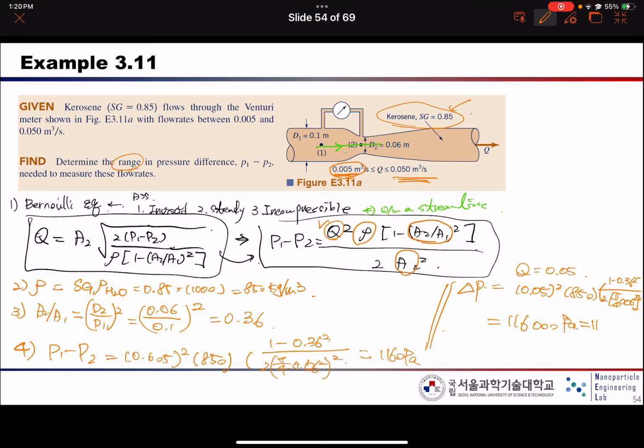Okay, 116 kilopascal. So our answer will be 1.16 kilopascal to 116 kilopascal. So this will be our answer for this example. Okay, this example is quite easy.